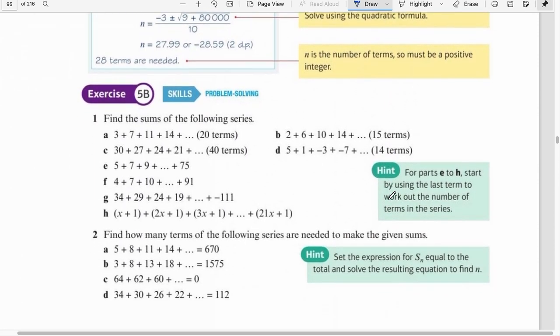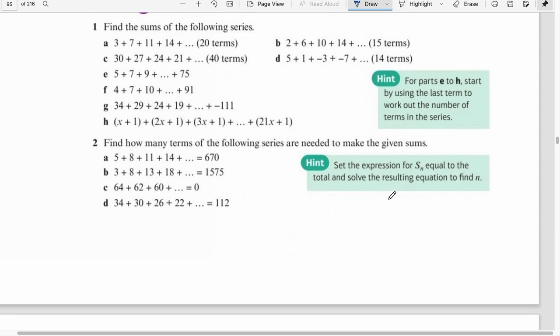Examples and exercise. Find the sum of the following series: 3, 7, 11, 15. We are just adding these, and it is given that we have 20 terms. So Sn is equal to n by 2 times 2a plus n minus 1 times d. We are finding the sum of the first 20 terms. 20 by 2, I can see the first term is 3. 2 into 3 plus 20 minus 1 times d.